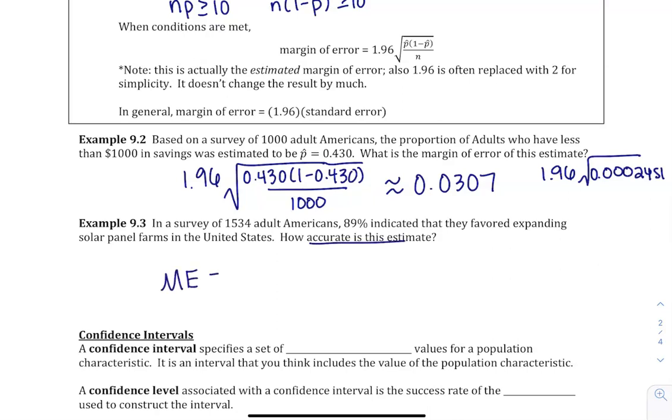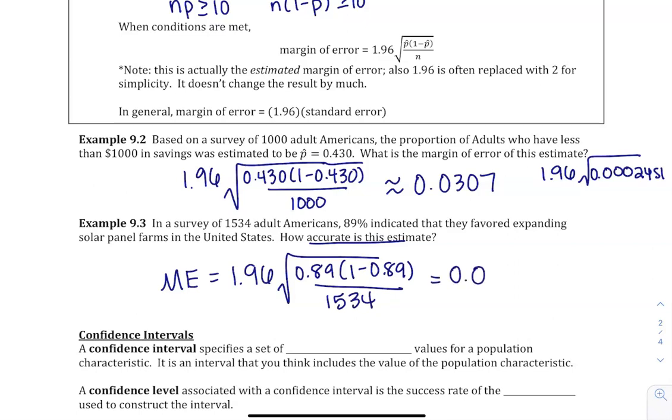Our formula for margin of error is 1.96 times the square root of p hat, which is 0.89, times 1 minus p hat, divided by our sample size, and that's going to give us about 0.0157. So that 89% is within about 1.6% of the true proportion of Americans who favor expanding solar panel farms.